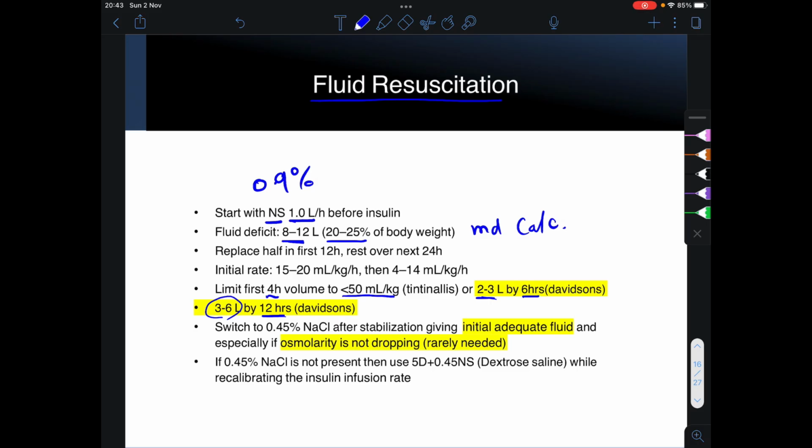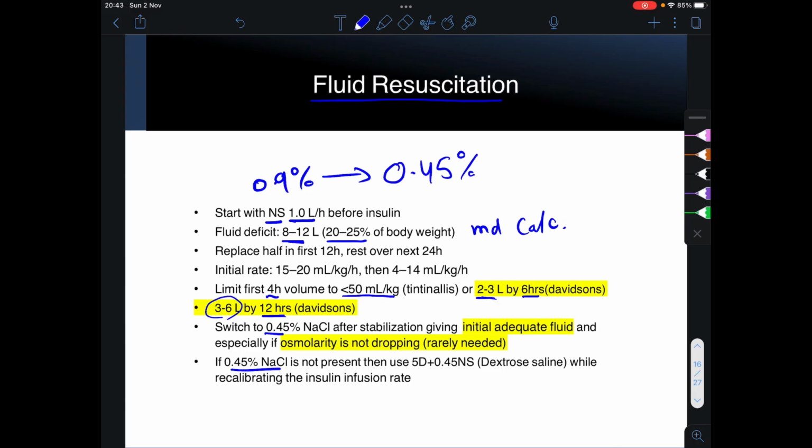Now, sometimes you change 0.9% normal saline to 0.45%. This isn't necessary to always happen, but if, for example, you start giving fluids within the first 12 hours and you see that the osmolality is not dropping, then you might want to consider starting hypotonic saline.